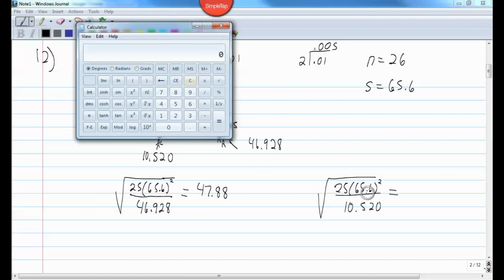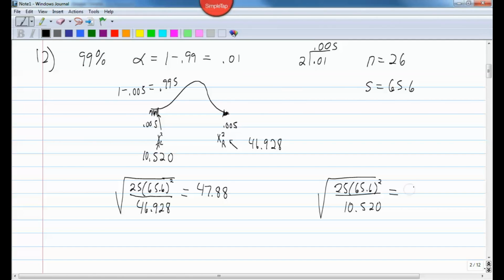My right endpoint, I'm going to find next. 65.6 squared times 25 divided by 10.520, and then I take the square root of that. So my right endpoint rounded to two places is 101.13.